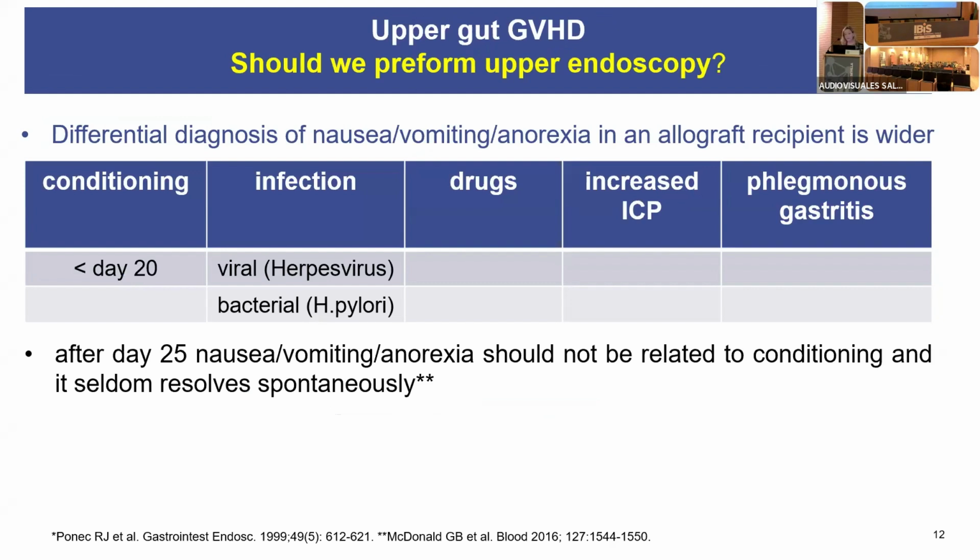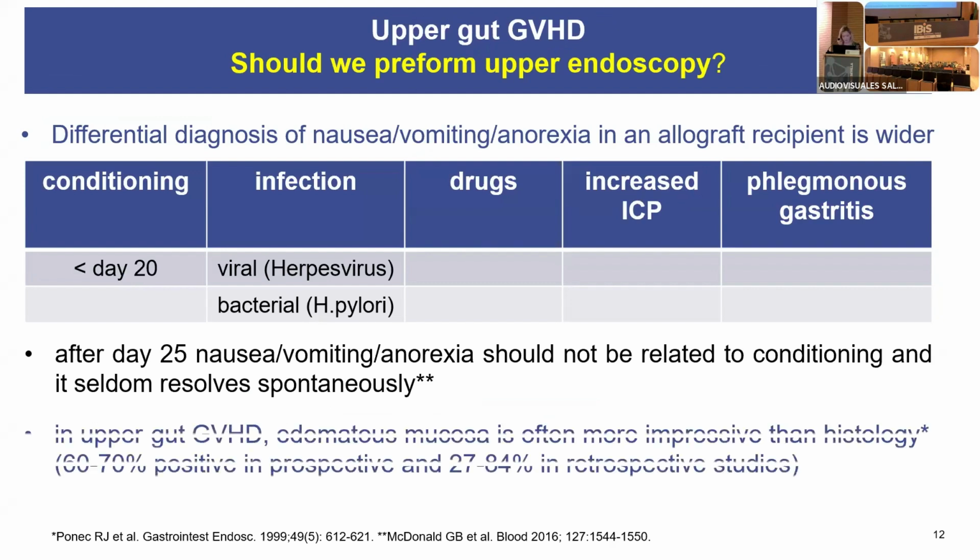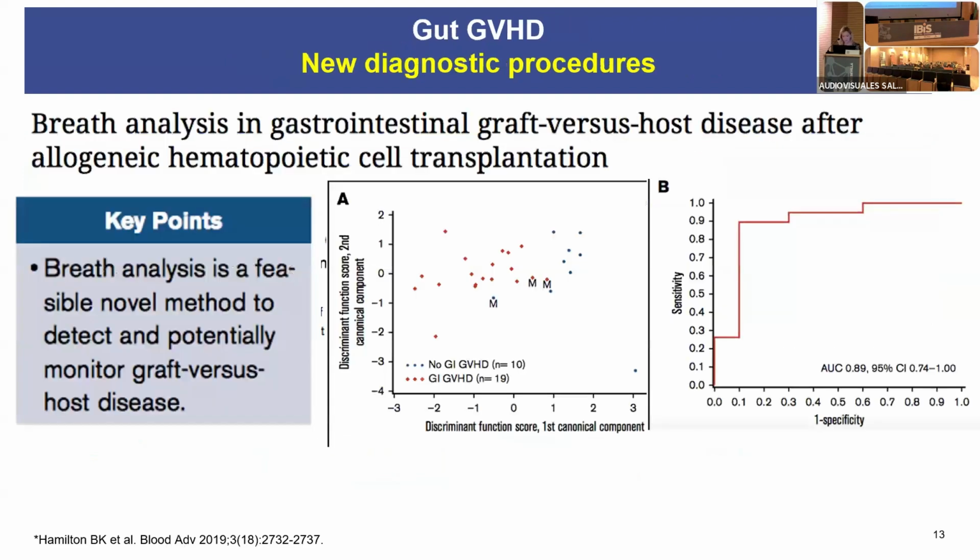It should not be related to conditioning after day 25, which we usually neglect for some time, but we should not neglect it if it goes on. And you can see that histology is positive in upper endoscopy even less frequently than in lower endoscopy, 27 to 80% in retrospective studies.